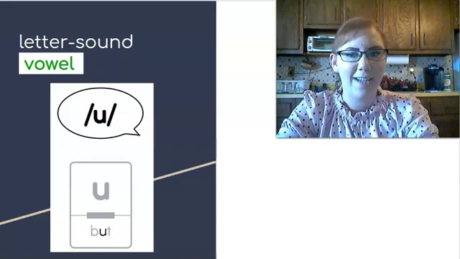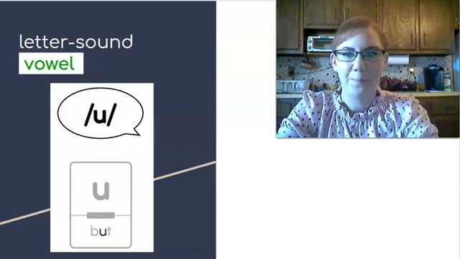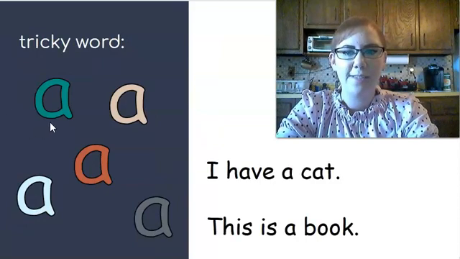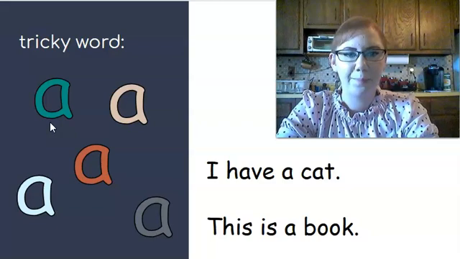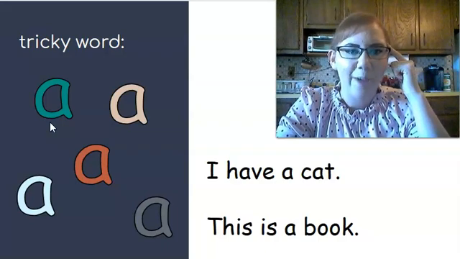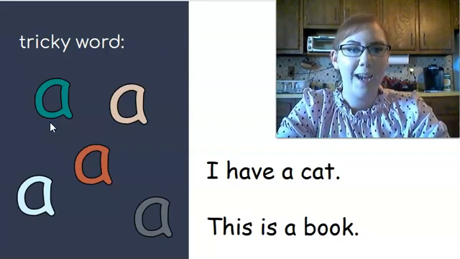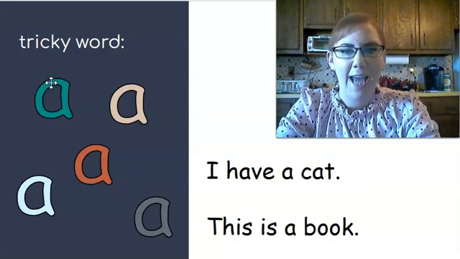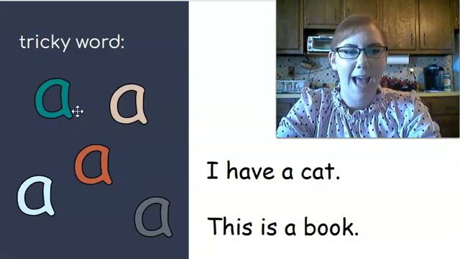Next, let's take a look at those tricky words I was talking about. When you see this word, what do you think of? You might think that says ah. When we're writing, it does say ah. But when we're looking at it as a word, it says a.